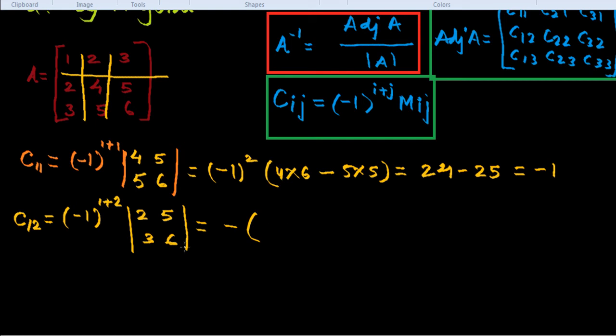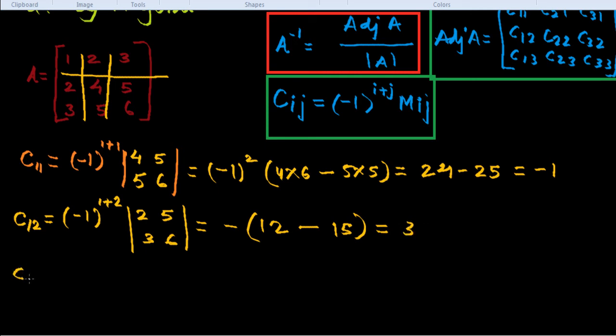The product of the diagonal elements is 12 and the product of the off-diagonal elements is 15. So inside the bracket we get minus 3, and with the negative sign outside, we get 3.